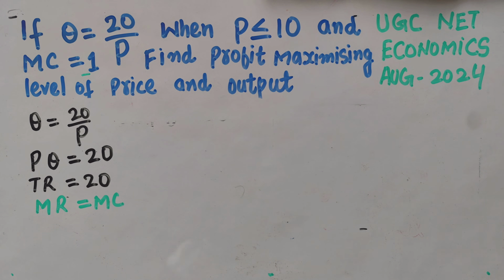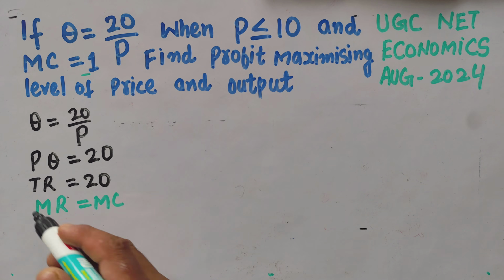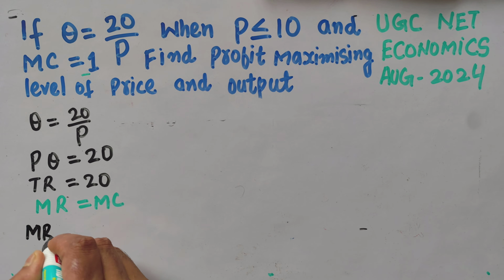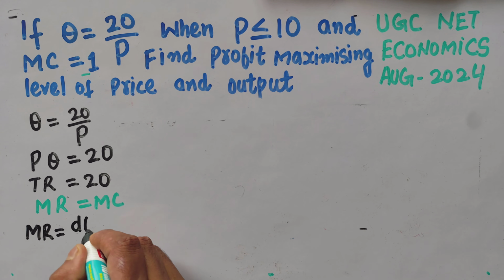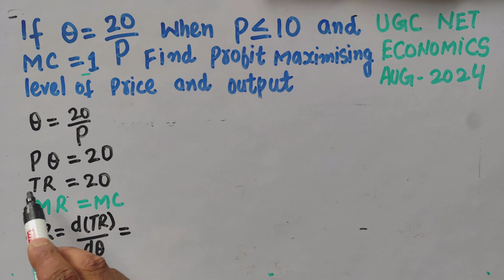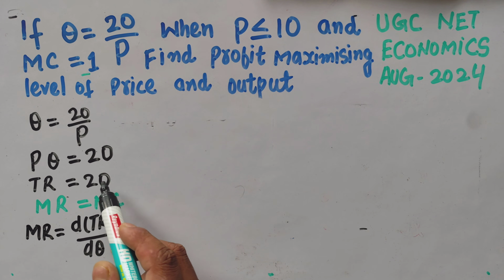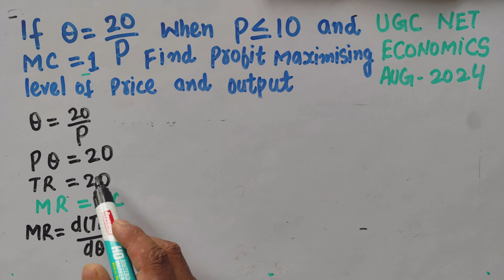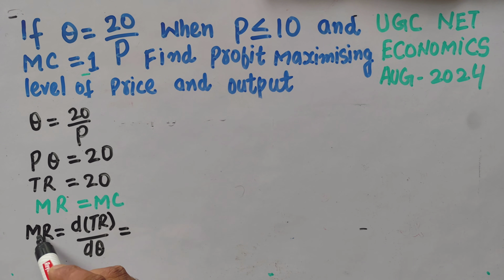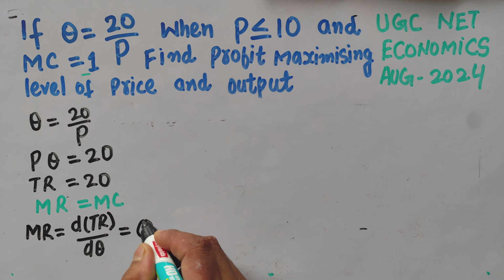To find the marginal revenue, we differentiate the total revenue with respect to output, Q. Since we have no Q here, it is a constant, so the derivative of the total revenue function with respect to output gives us marginal revenue, which will be equal to 0. The derivative of 20 is 0 here.